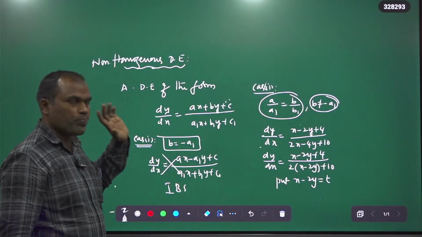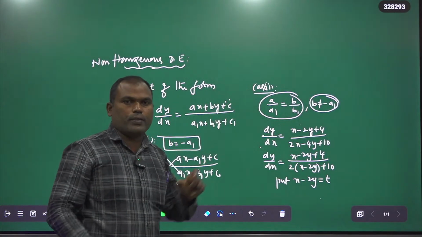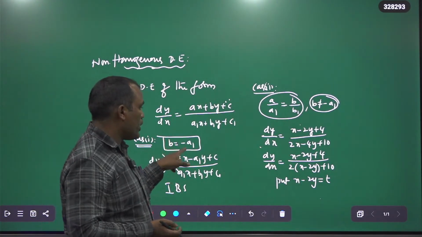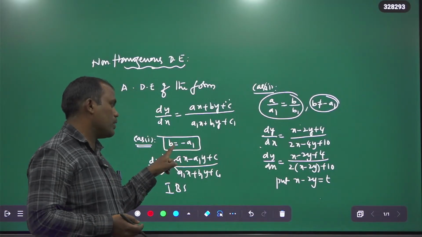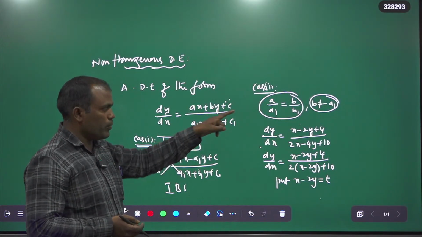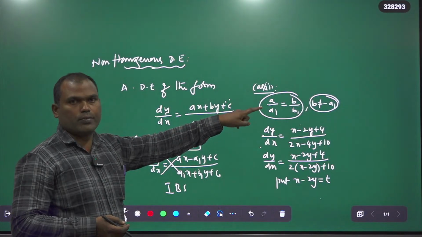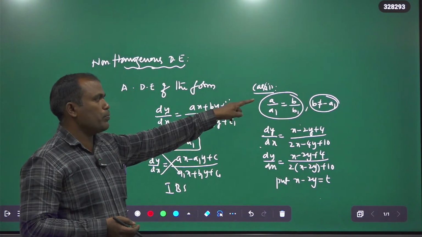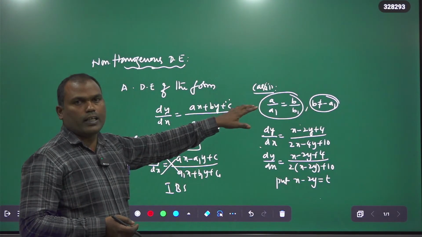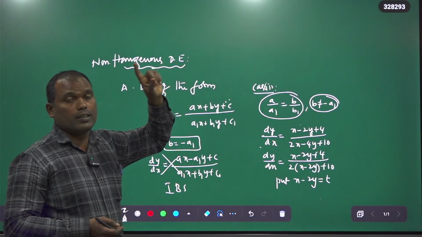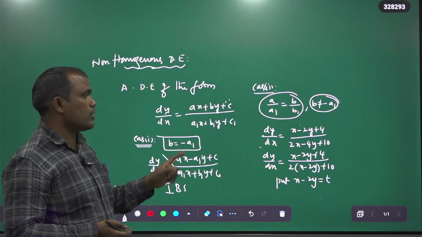We are getting the case 1 solution. And case 2, how can you identify case 2? If b is not equal to minus a1, and a by a1 equal to b by b1 is there, that is in a non-homogeneous equation. Second case, how to do?